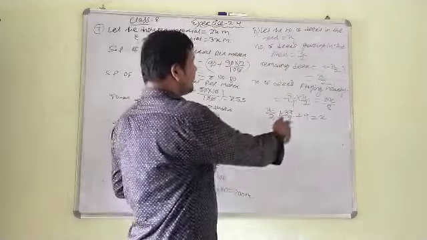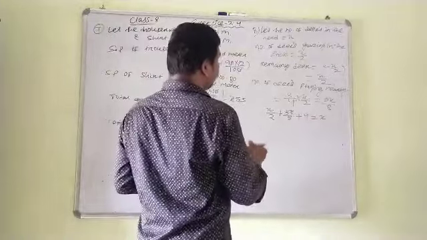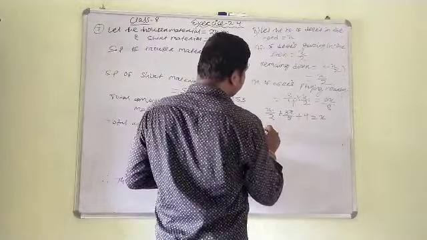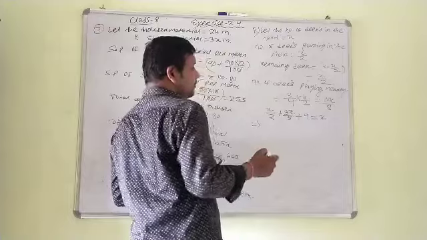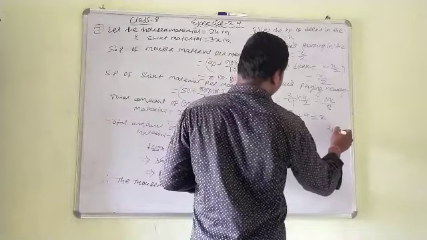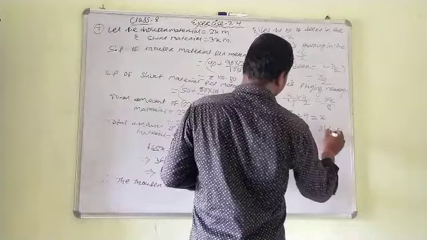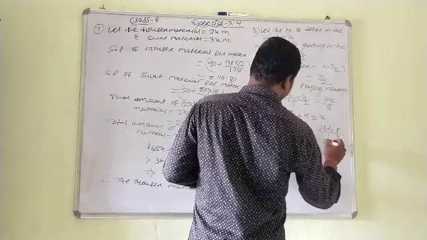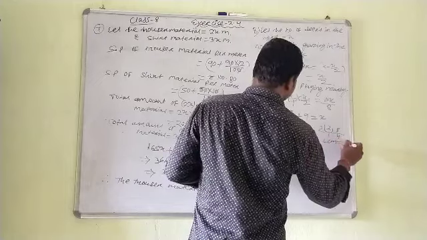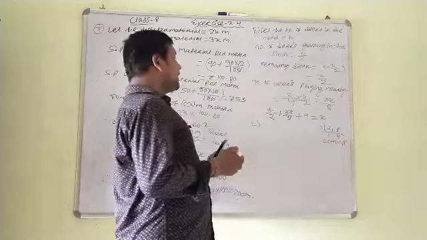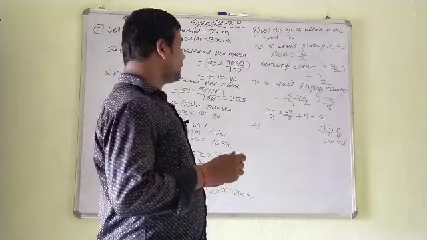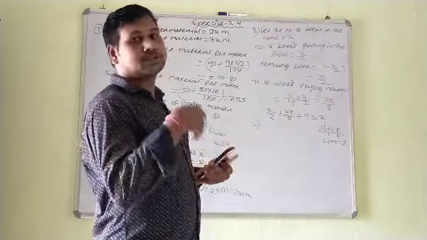Okay, this is the relation. We'll take the LCM of 2 and 8. What is the LCM of 2 and 8? Find out. So the LCM will be 8. So better to multiply 8 on both sides.